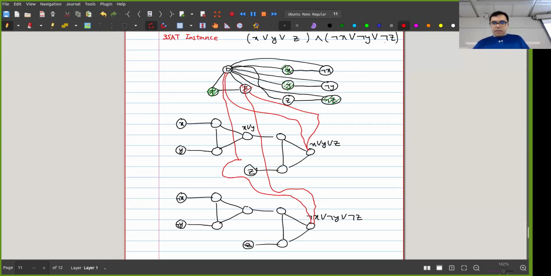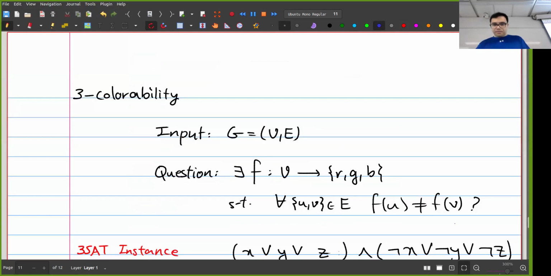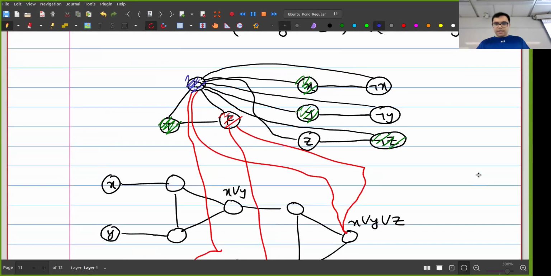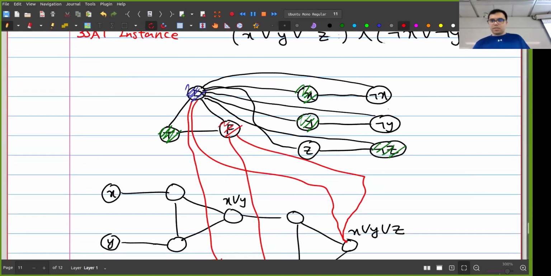And now, actually, let me use blue for dummy. Now let's look at this vertex here. It has a blue neighbor and it also has a green neighbor. So it has to be red. So I have to make this one red. This one also has a blue and green neighbor, so this one has to be red as well. This one has to be red as well.